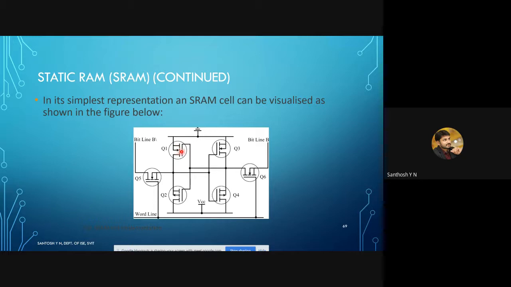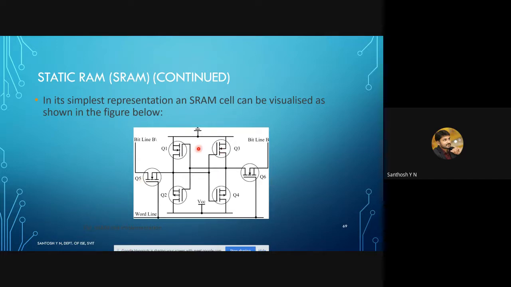So this particular point is the gate terminal, and the others are drain and source. As I've already told you, 4 among the 6 FETs are used for building up the latch. So this whole part is used for building up the flip-flop, and the rest, that is the Q5 and Q6 transistors, are used for control purpose.